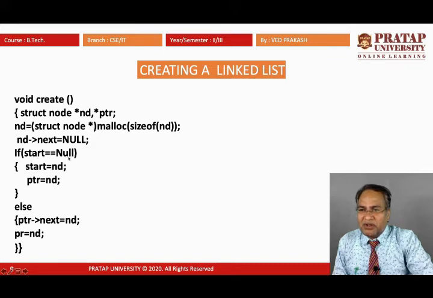In the condition of start equals null, I set start equal to the newly created node, and PTR, the process pointer, also denotes the newly created node. If we have created more than one node, or in other words our linked list is not empty, then the processing pointer PTR next becomes the node, and PTR goes to the newly created node ND.